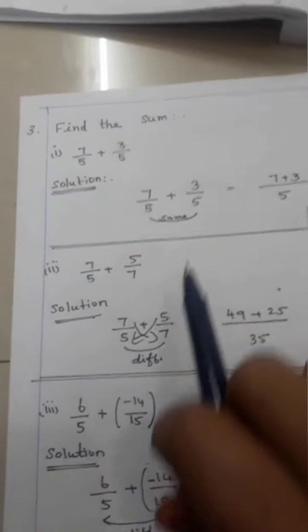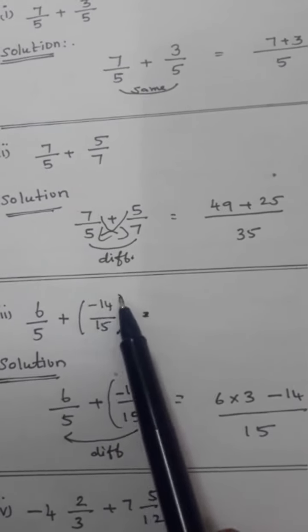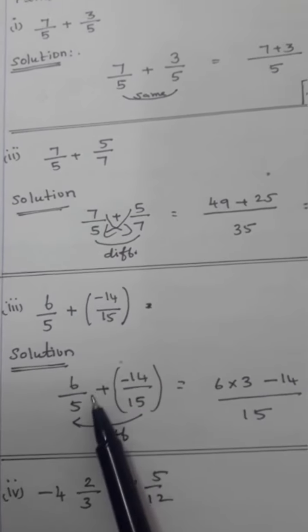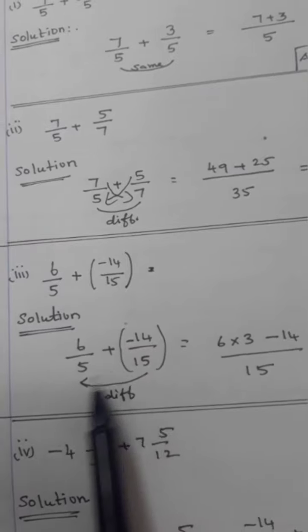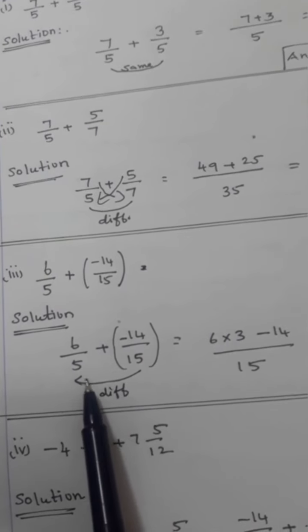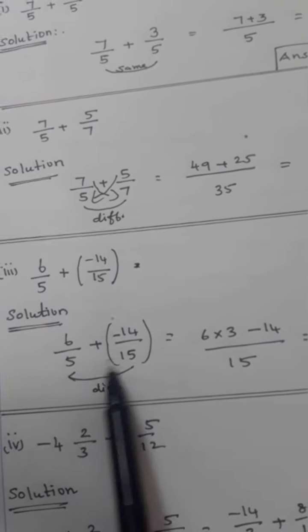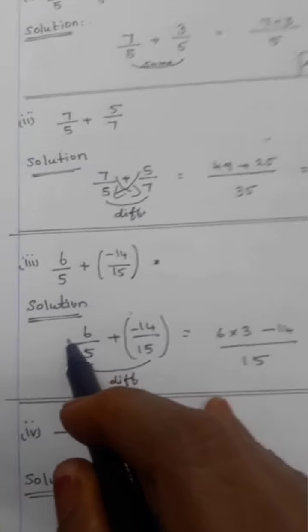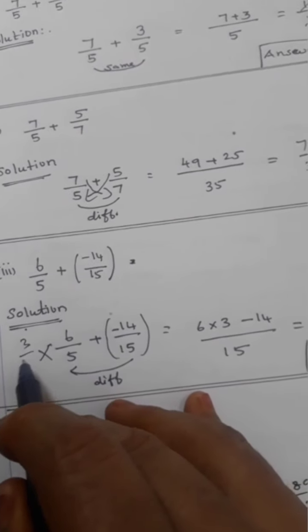Now you understand the first Roman numeral, no? Next, the same Roman numeral, the third sum. 6 by 5 plus minus 14 by 15. These two denominators are also different. Take the LCM. Watch the fifth table to come to 15. 1 5 is 5, 2 5s are 10, 3 5s are 15. So multiply the numerator and denominator of this number by 3.